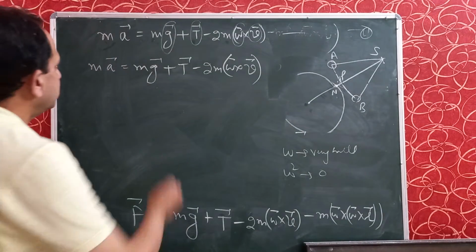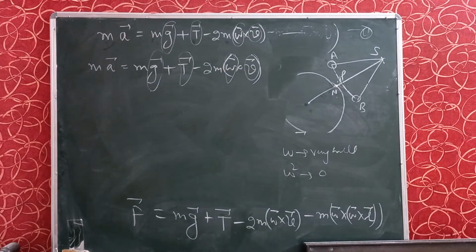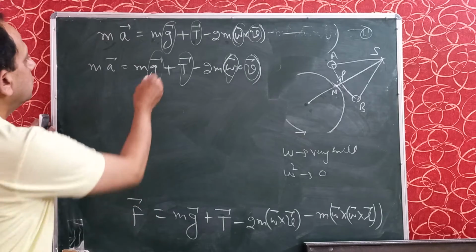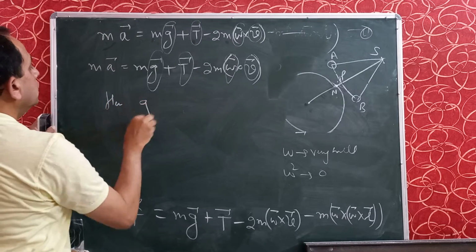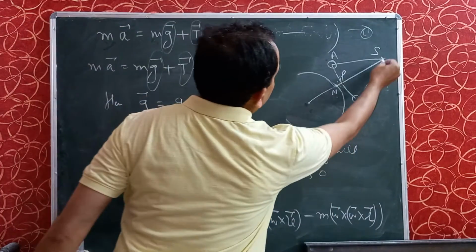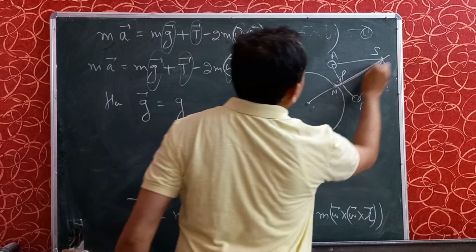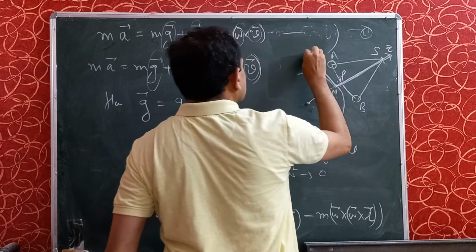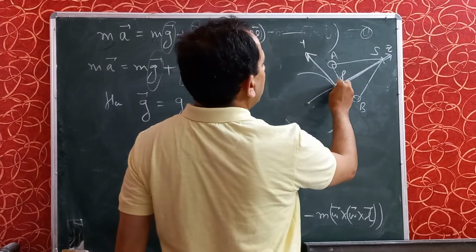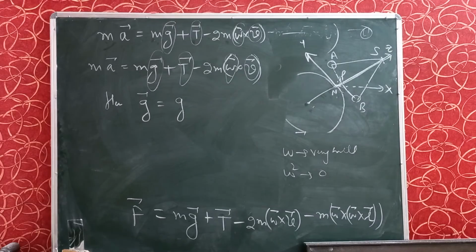Now we have to split only the vector quantities into their components. What will the components be? First G. Here the G vector is equal to the magnitude G into the direction of G. You know that G acts toward the center of the Earth. This is the Z axis, this is the Y axis, and the X axis is inward, as we have already considered these axes in the previous article on the Coriolis force.